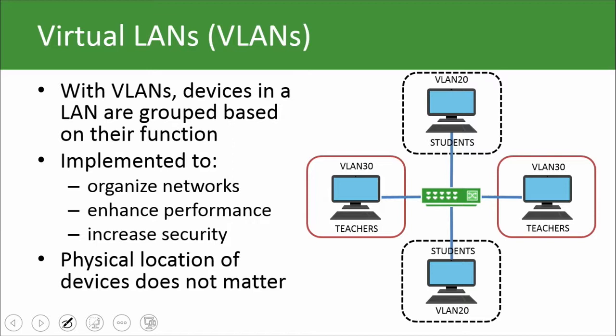So I've tagged any data that comes from the VLAN 30 teacher computers with just a little bit of data that says, hey, these computers can communicate with each other as if they are on the same physical network. If VLAN 20 tries to communicate directly with VLAN 30, if those devices try to communicate with their counterpart devices, then it's going to be treated as if they're on a separate network entirely, right?